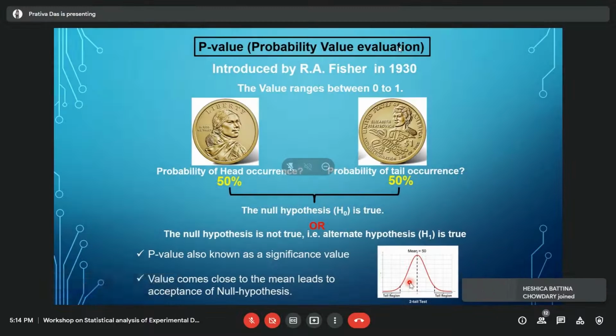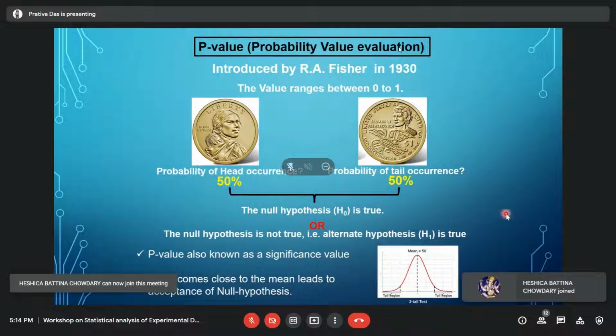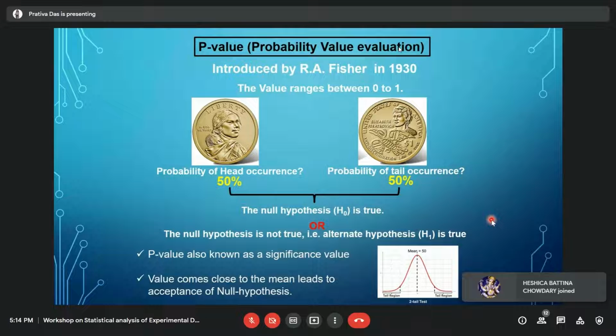And if the p-value is 0.5, then you can say that if you run the experiment 100 times, the possibility of reaching this point is 50%. So 50 times you're going to have this point in your experiment.